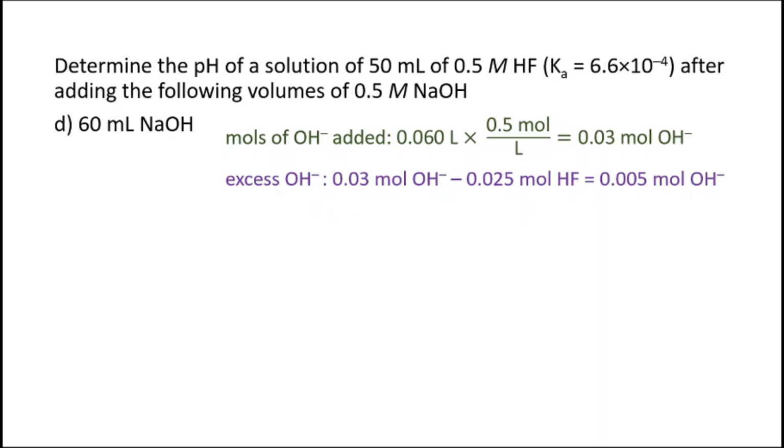After all of the HF has reacted, some of those hydroxide ions are going to be floating around by themselves without anything else to react with. And so here, we solve for the concentration of our hydroxide ions, which is 0.045 molarity.